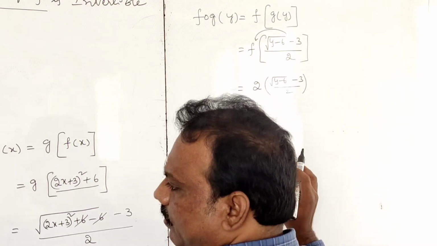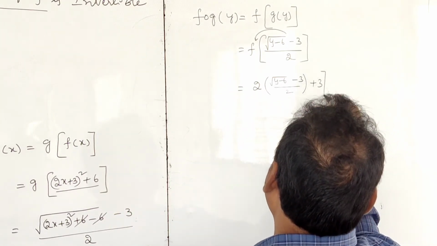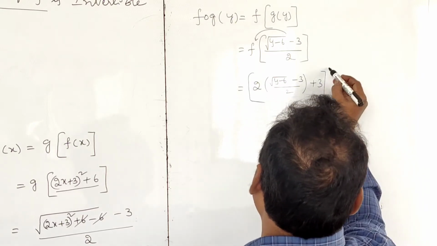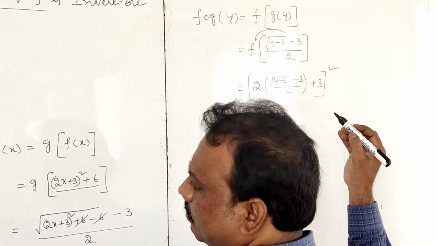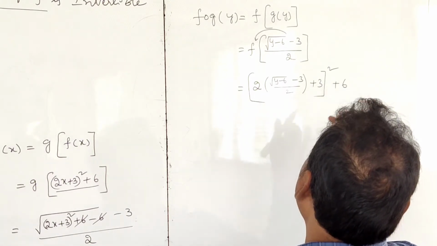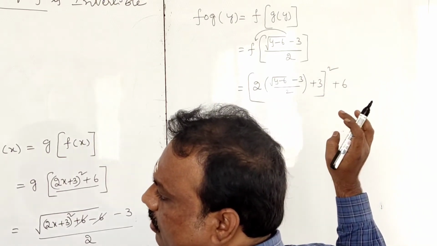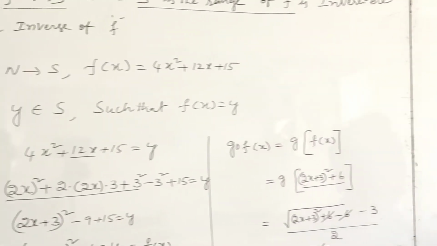So 2x is over. Next we have plus 3. After that we have a bracket, 2x plus 3 the whole square plus 6. So 2x plus 3 the whole square plus 6 is the f of x value we substituted here.